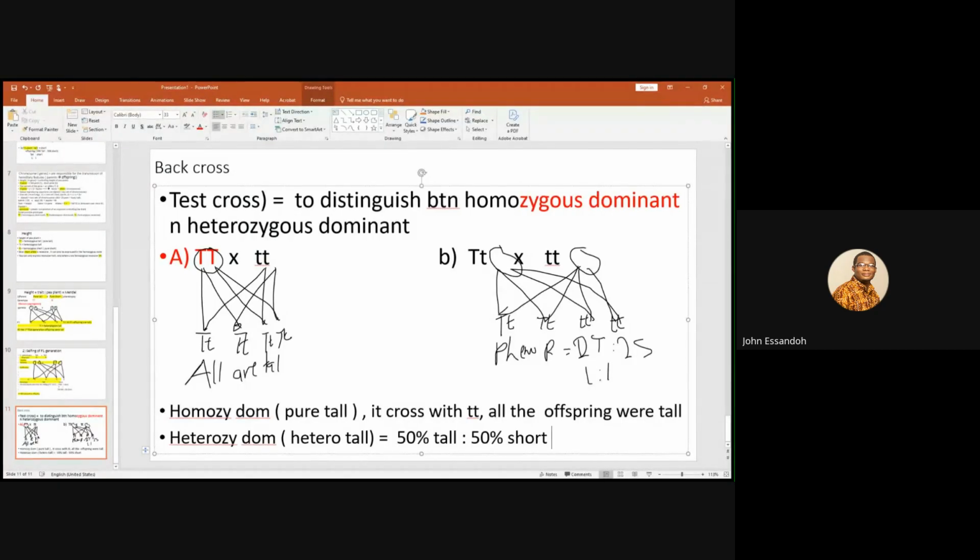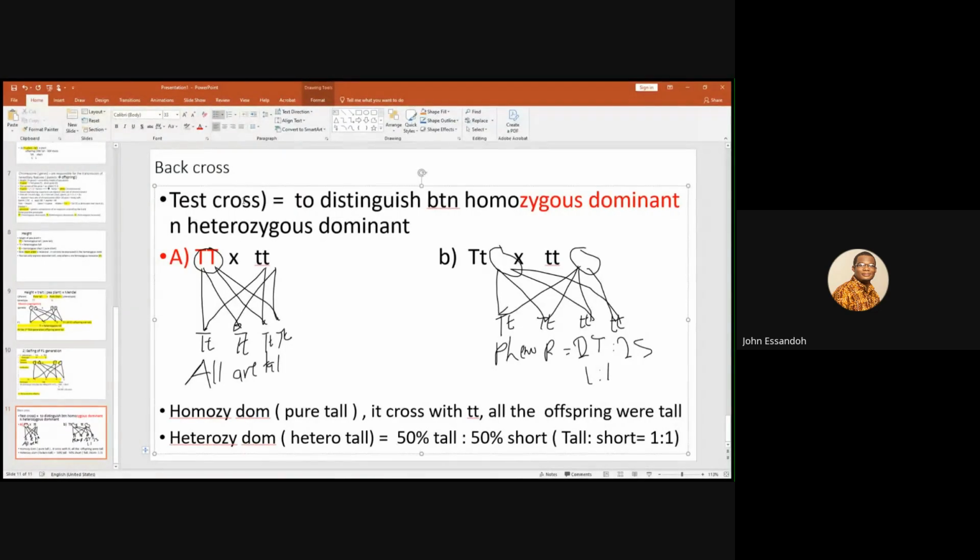All right, so the ratio of tall and short is equal to 1:1. All right, okay. So this is how we use it.